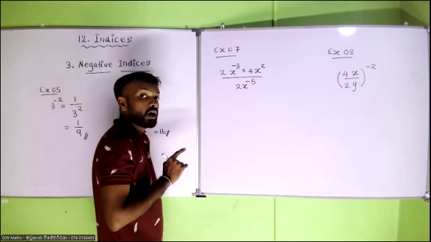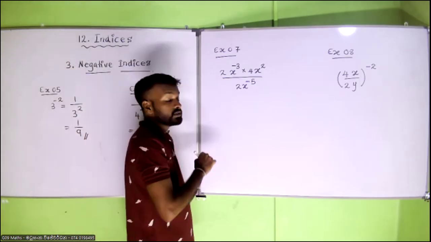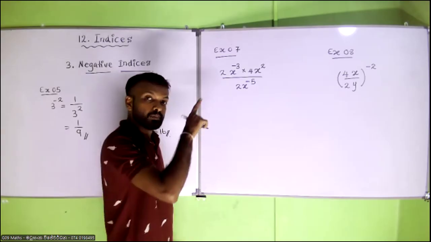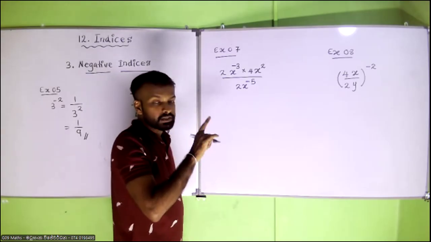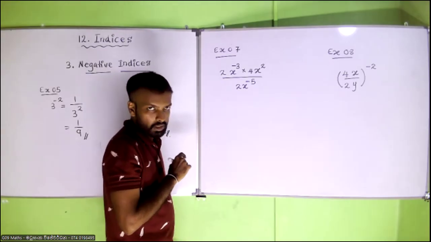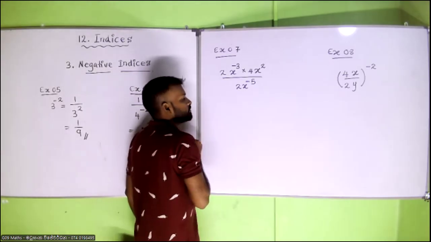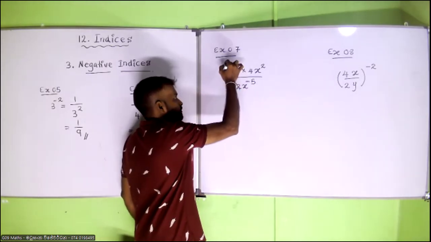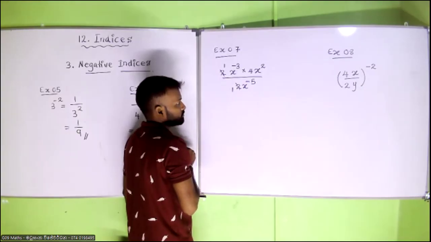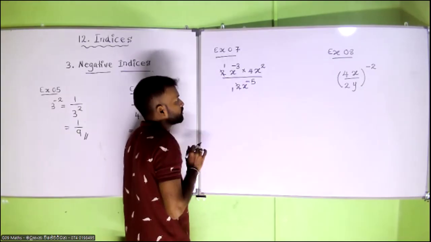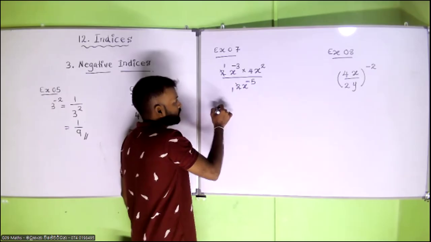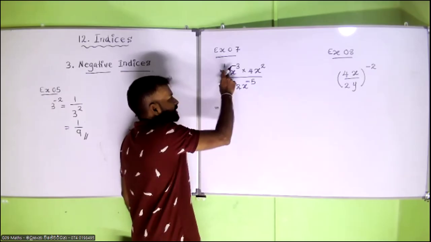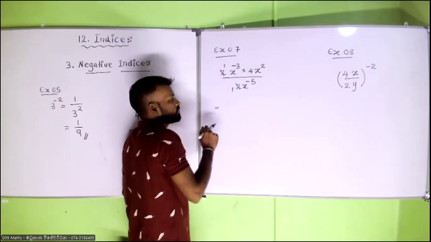This one, when I was writing this, I told you to simplify the numerators and the denominators if you have two. So, first of all, 2 times 1, 2 times 1. That's all. Equal marks. X to the power minus 3, x to the power minus 5.